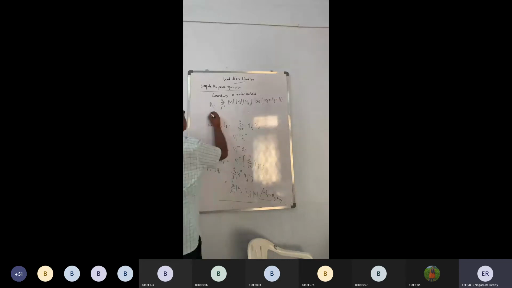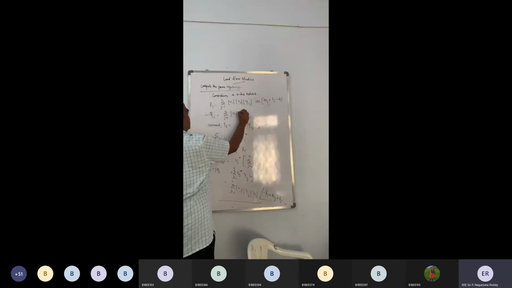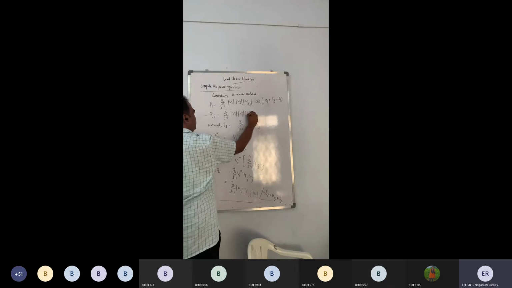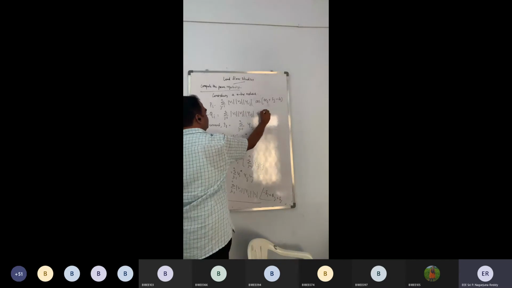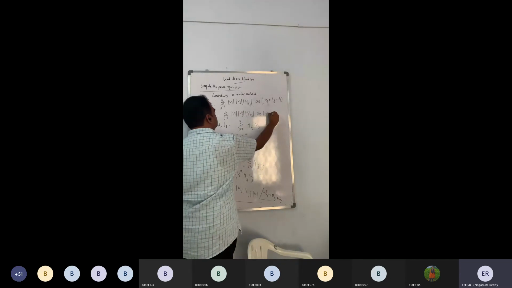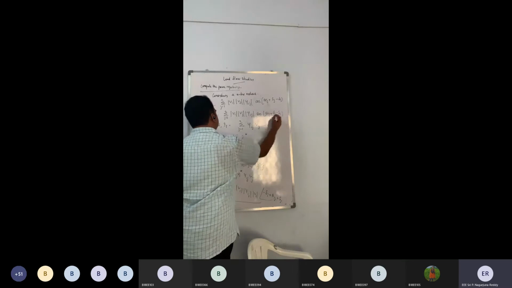I will just rearrange it. And Qi is minus summation j equals 1 to n, mod Vi, mod Vj, mod Yij, sin of theta ij plus delta j minus delta i.